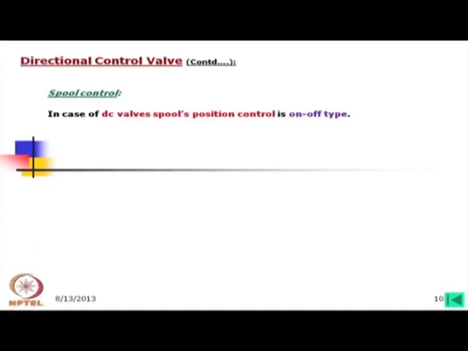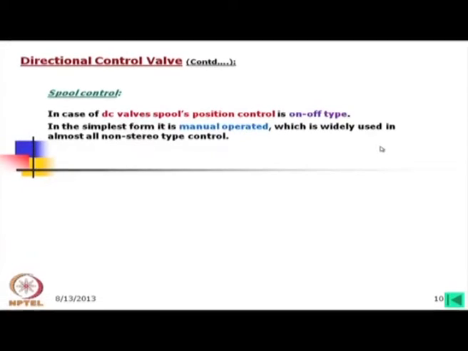But in case of a servo valve, the same port will be designed very accurately to control the flow. Anyway, we will come to that later when we study the servo valve.